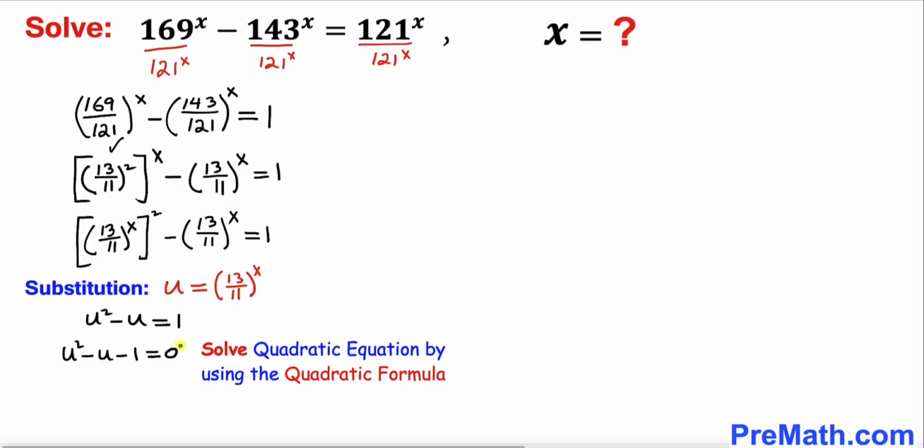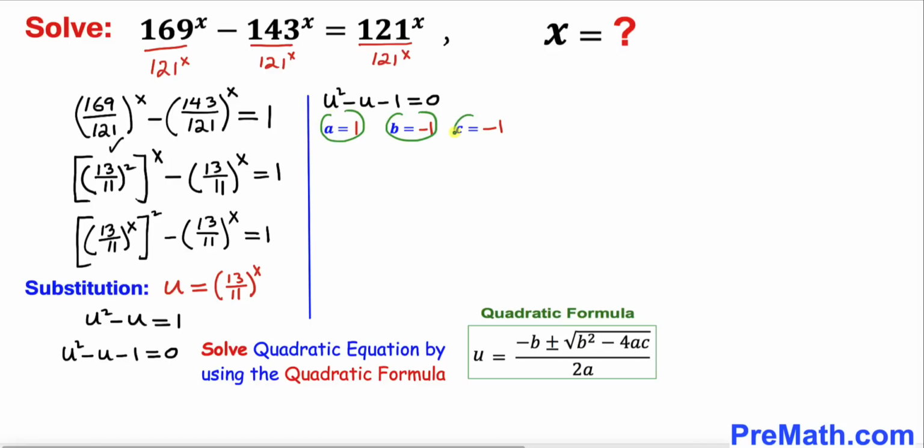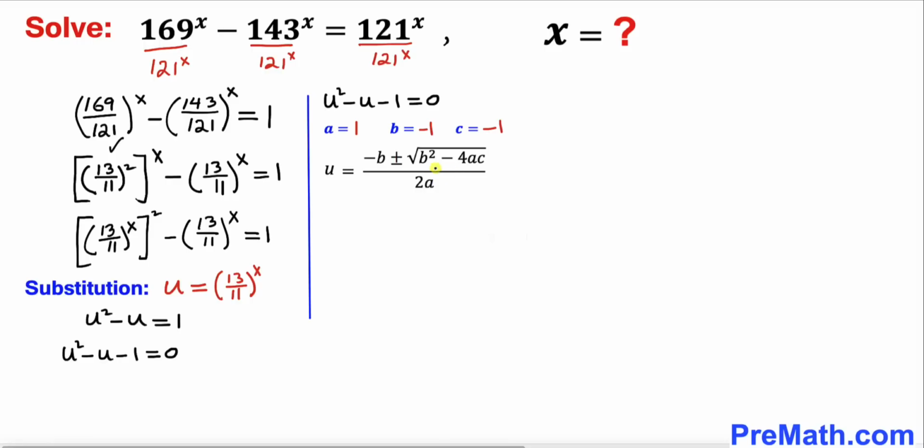And now we can see that this is our quadratic equation, and we are going to solve it by using the quadratic formula. And here's our quadratic formula. And here our coefficients are a equals 1, b equals -1, and c equals -1 as well. Let's fill in the blanks in this quadratic formula.